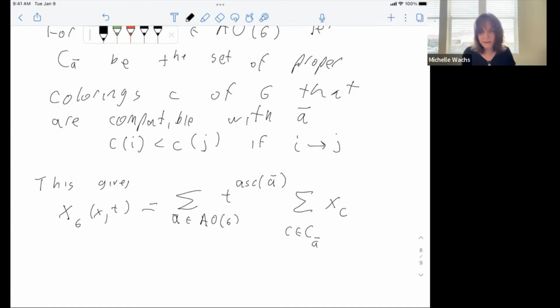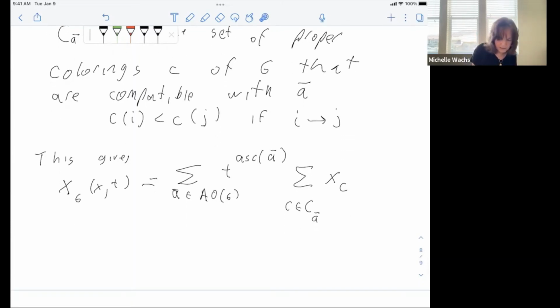The ascent set of the coloring is the same as the ascent set of the acyclic orientation. If I is less than J, that's what I forgot, and the edge is oriented from I to J, that's what we call an ascent of the orientation.